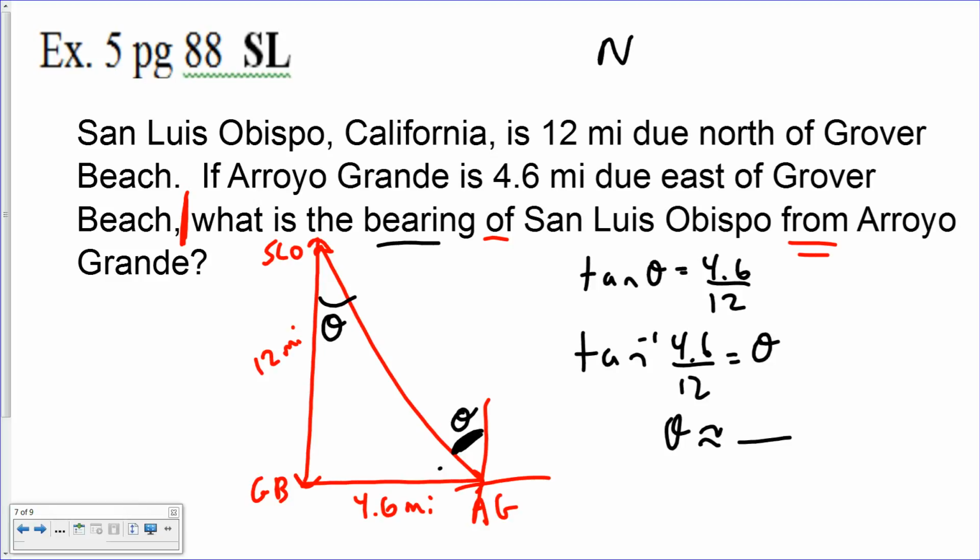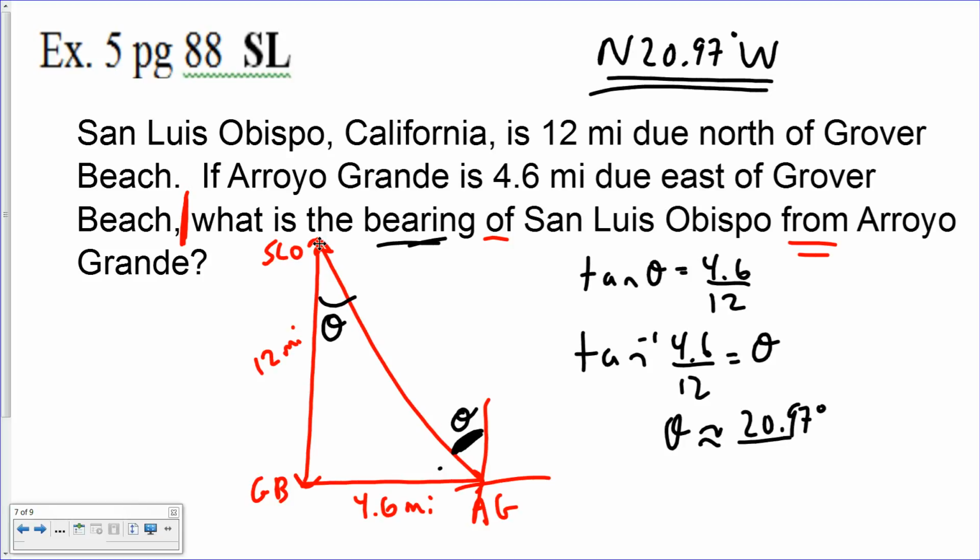And then what I want to do is say that it's going to be 20.97 degrees. And then I want to say which direction it's going to be, to the west. And that right there is the bearing. Don't stop short. Make sure you're answering the question on bearing.